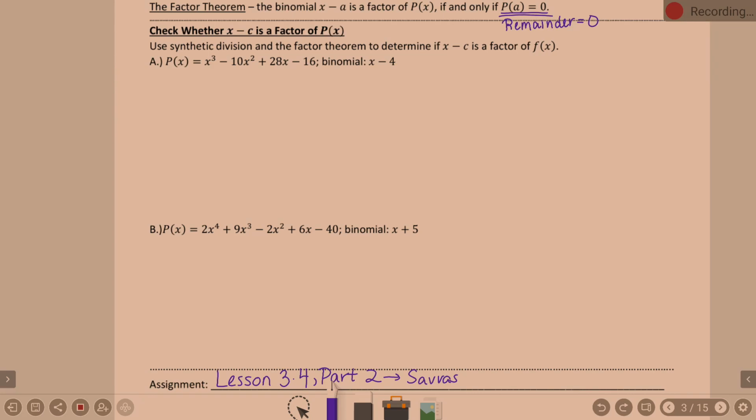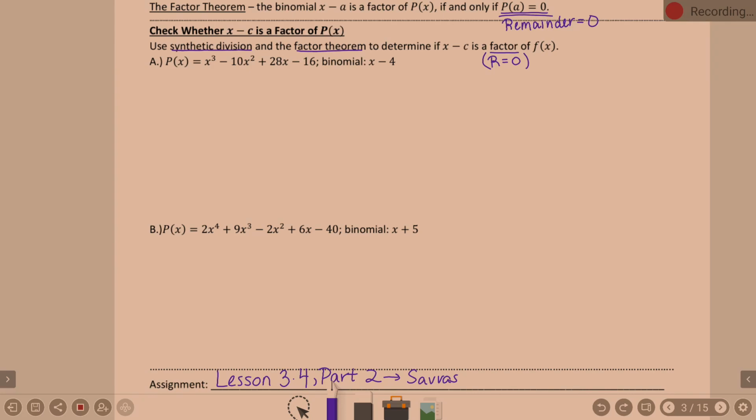So, now note, what's the nice change? Use synthetic division and the factor theorem to determine if x minus c is a factor. If it's a factor, what will be true? The remainder will be 0. Okay, so let's decide. Is x minus 4 a factor of p of x here? Let's find out. If it's a factor, what's the remainder?